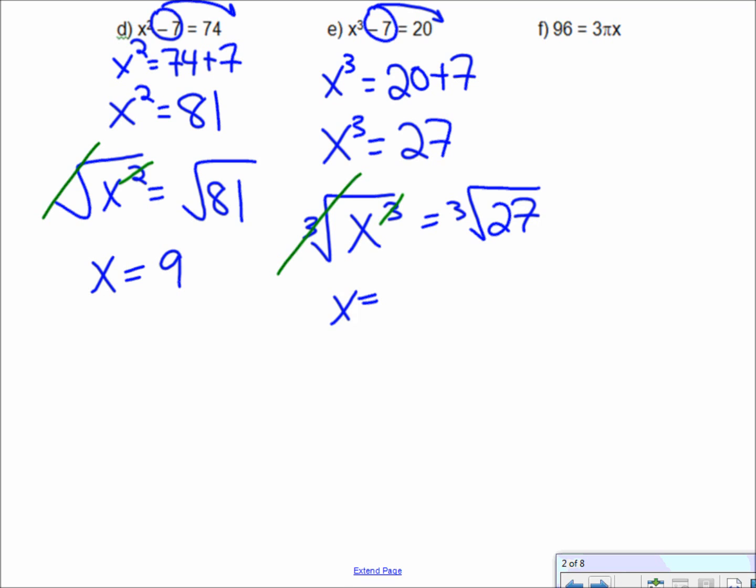Now, cubed root of 27, if you have a graphing calculator, you need to hit the math button, which is the 3rd button down on the left-hand side, and you will see the cubed root. If you have a scientific calculator, there is probably a button somewhere that says cubed root.